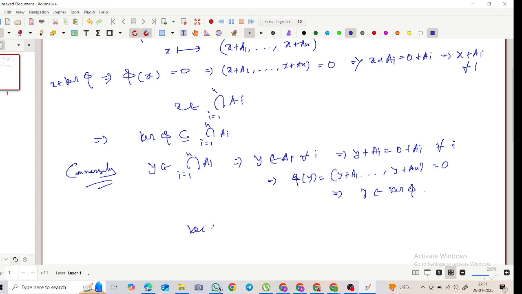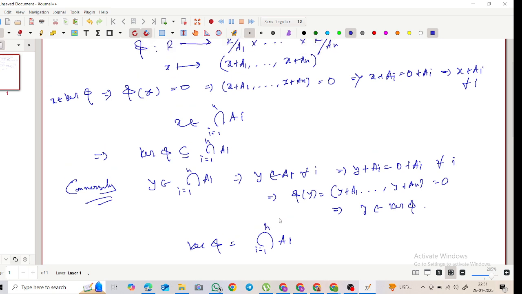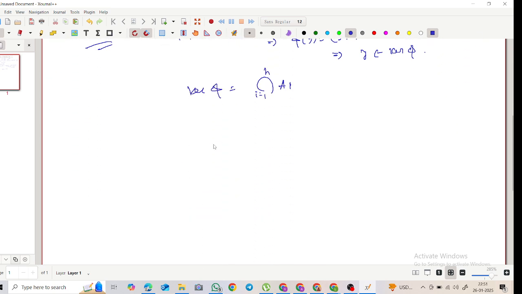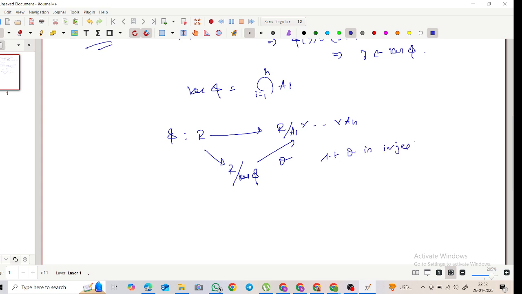Thus we have ker phi is basically the intersection of the Ai. So by the first isomorphism theorem, this phi will induce a theta which is injective. So theta is a monomorphism.